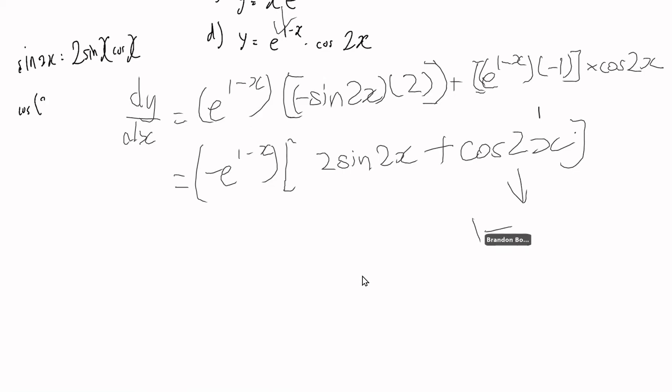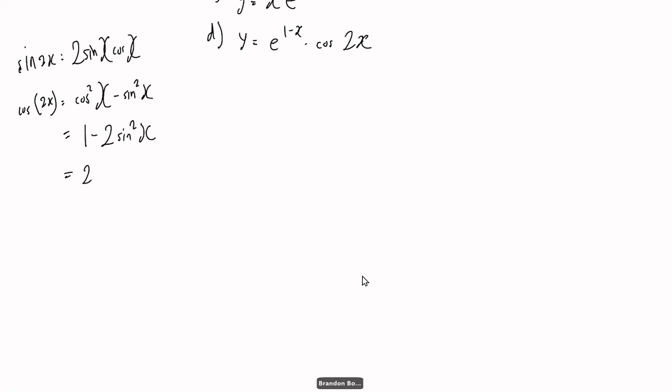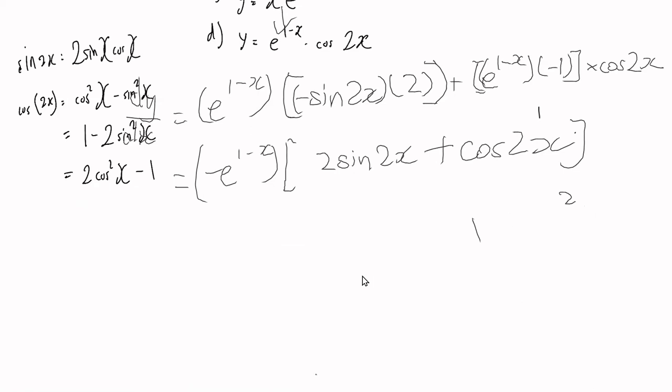Cosine of 2x can be cos square x minus sine square x. Or substitute cos square for 1 minus sine square, you get 1 minus 2 sine square x. Substitute sine square for 1 minus cos square, you get 2 cos square x minus 1. Then sine 2x, no choice, the cosine x will remain. You have to keep it there. That's just an extra exercise, not so important. But in case you need it, just keep in mind your trigo identities. You will still need to know those things.